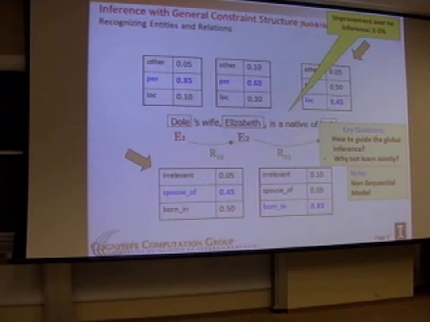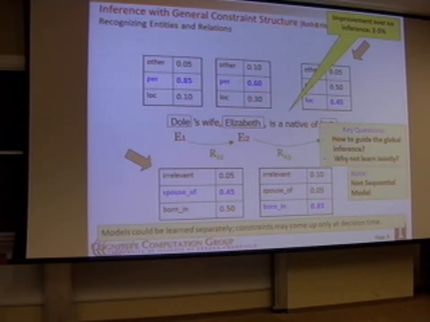One of them could be that maybe someone gave you the entity model yesterday, and it was learned in a different situation, and you just want to use it in learning other things and improving other decisions. It could also be that in some cases, the constraints between these two models became apparent only at decision time and were not available at learning time. And there are also theoretical justifications for why sometimes I want to learn these separately.